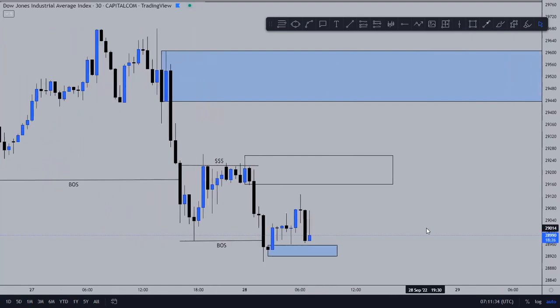The market is still yet to tap into our weekly order block, which is almost there, but not yet there. So once it comes to this order block, maybe we can scalp some buys all the way to this level.